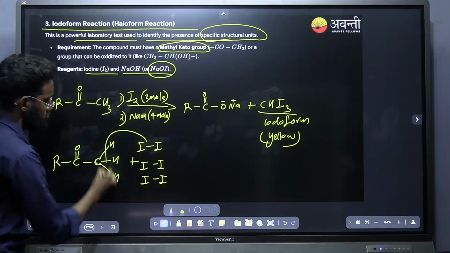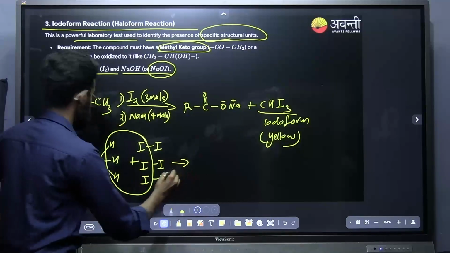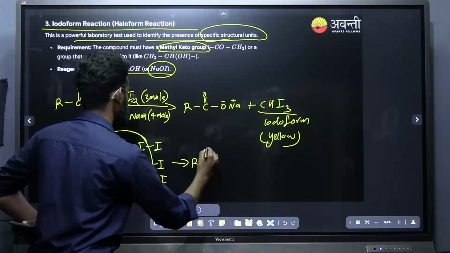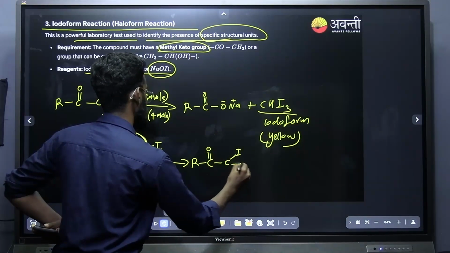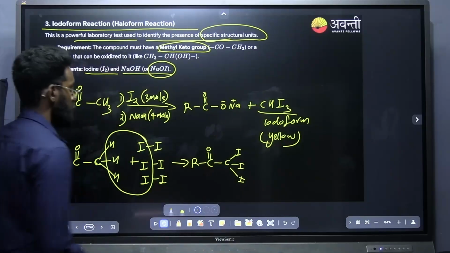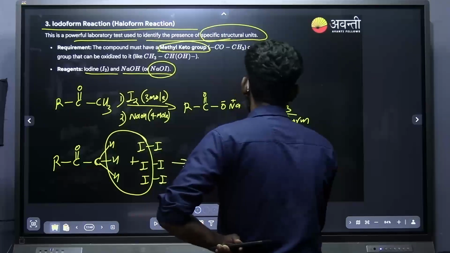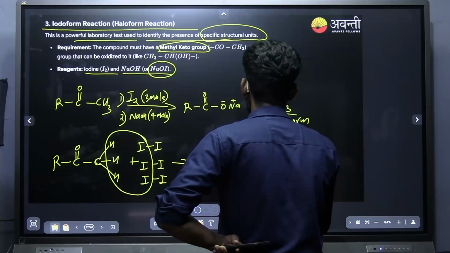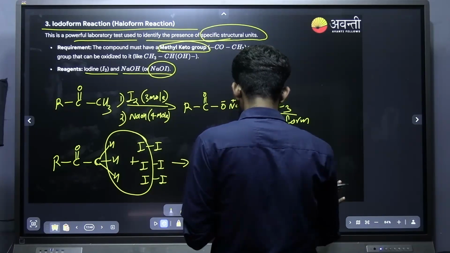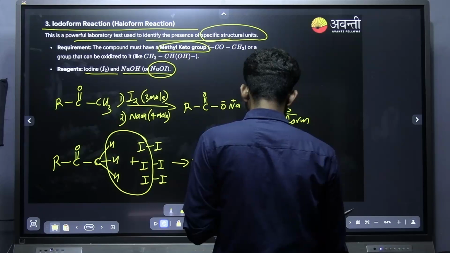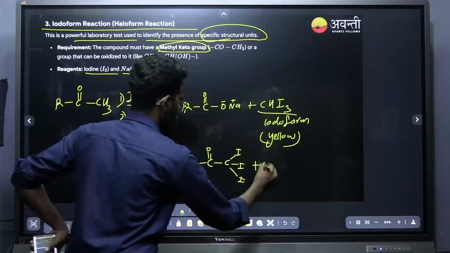I remove the hydrogen and write the iodine together: R C double bond O, then CI3. This one I will treat with NaOH.